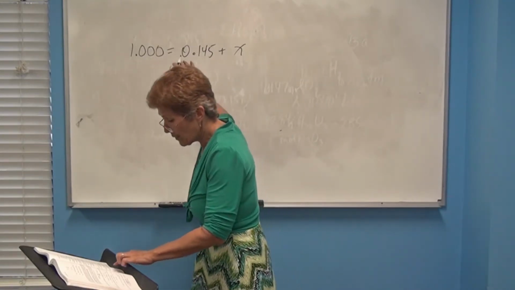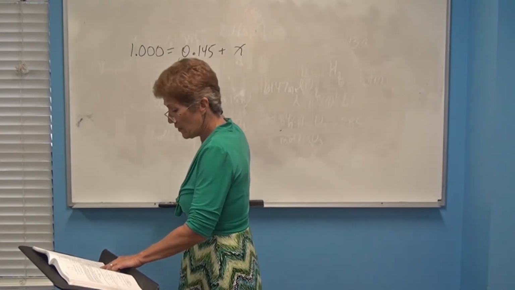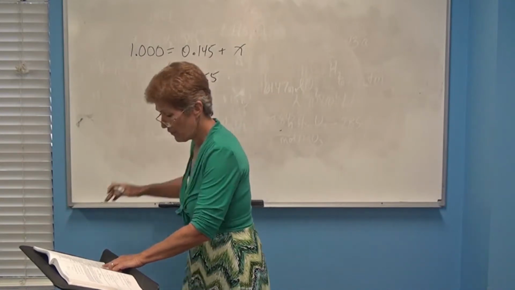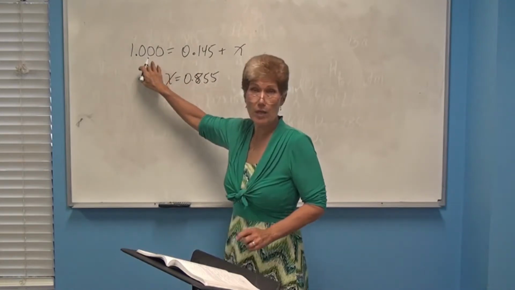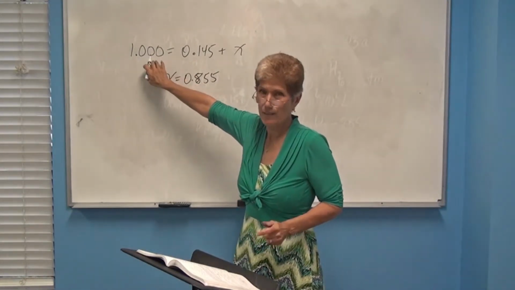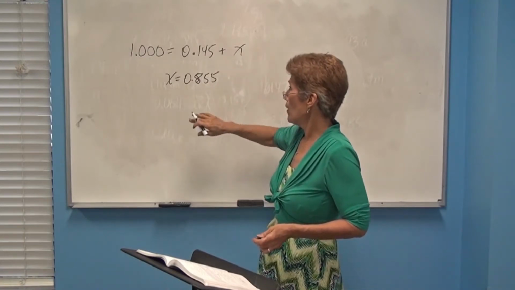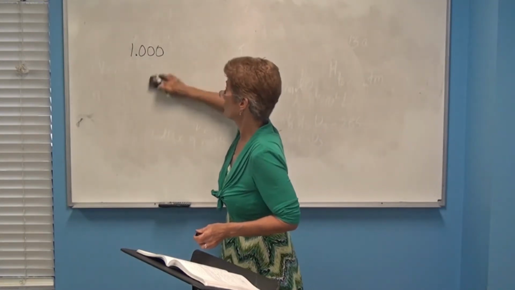So you just subtract this from this, and X will end up equaling 0.855. That will be the mole fraction of the other gas. Because you know they have to add up to 100%, I should say, which is 1. And so you take that away from it, and you'll get what the mole fraction of the other gas is.